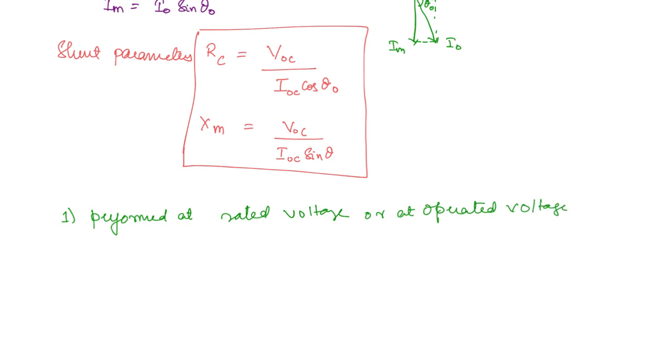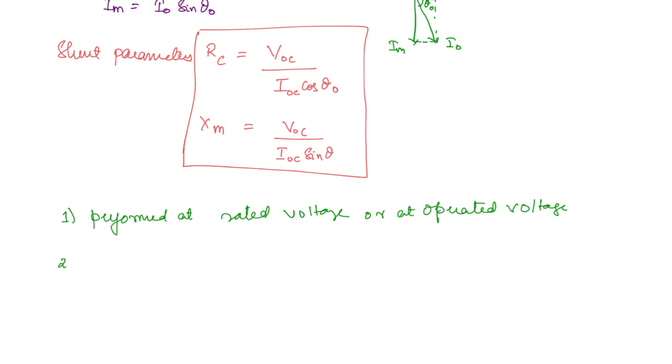This is because the parameters are going to change very slightly with respect to the voltage, but it will be better if you can just stick to the voltage at which we are normally operating that particular equipment. So at that condition, if we find out the shunt parameters, it is more than enough for us.